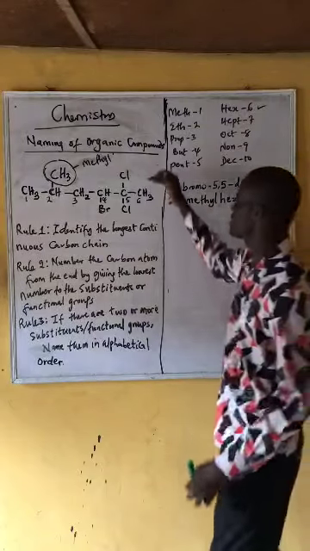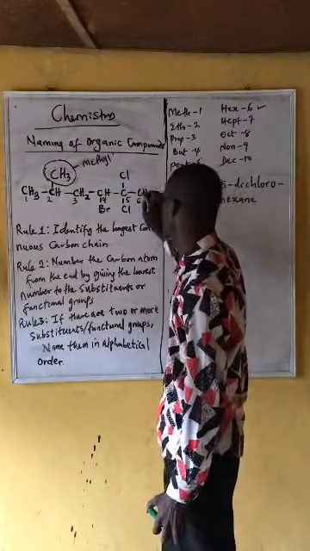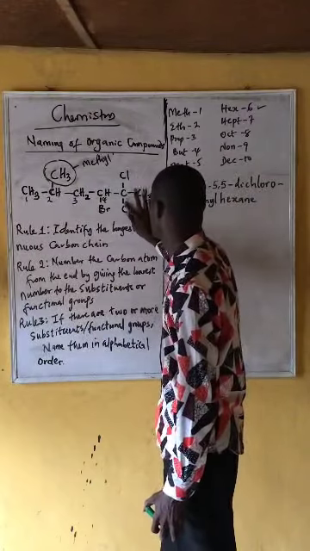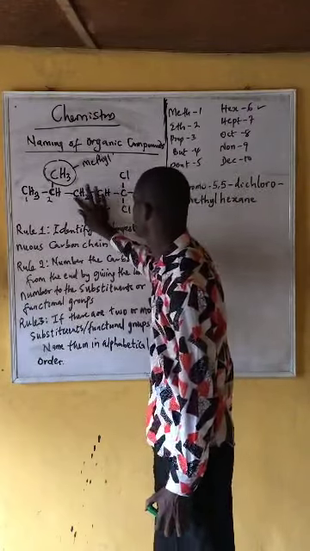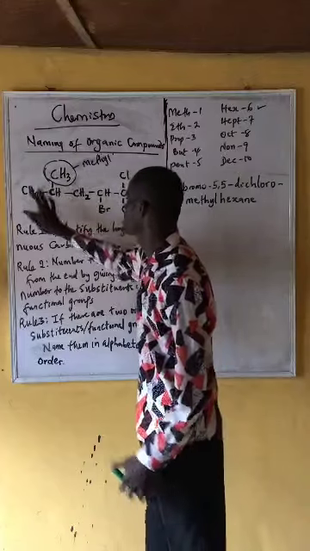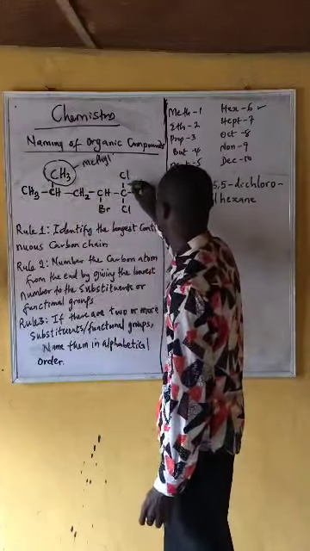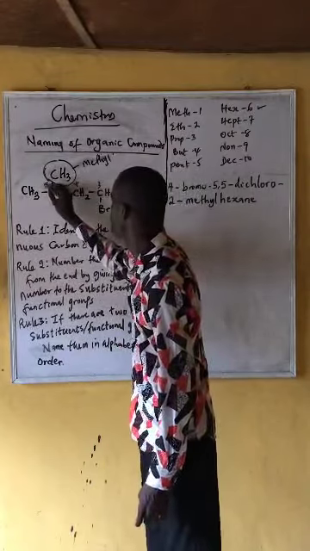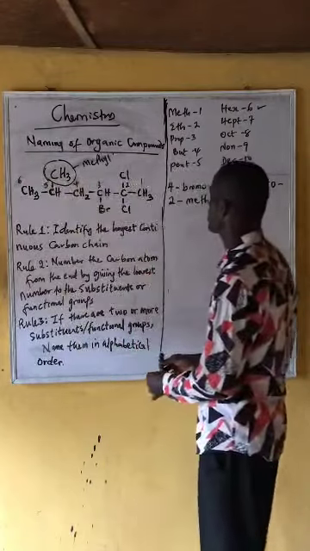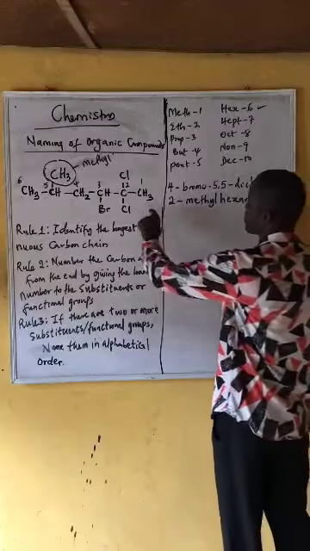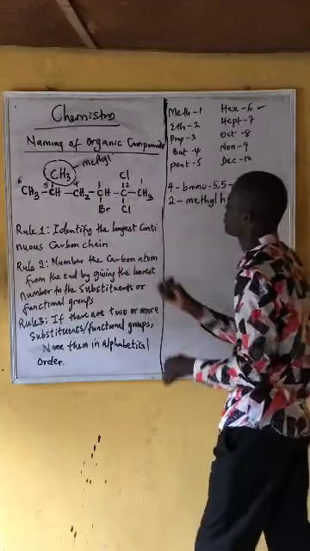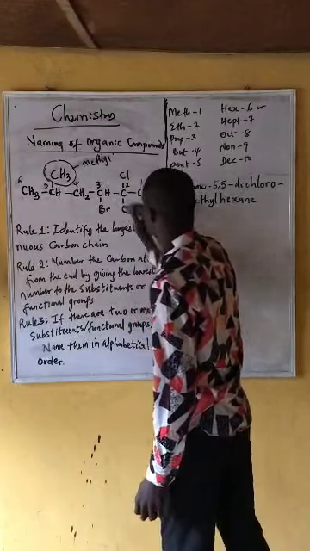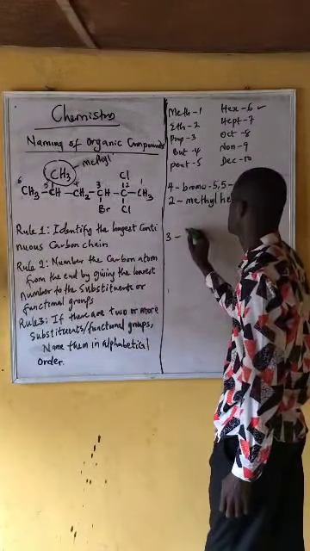Now let's name it again. Let me clean everything here. Now let me start counting from the other end. 1, 2, 3, 4, 5, 6. On carbon number 3 we have bromine. That is 3-bromo.